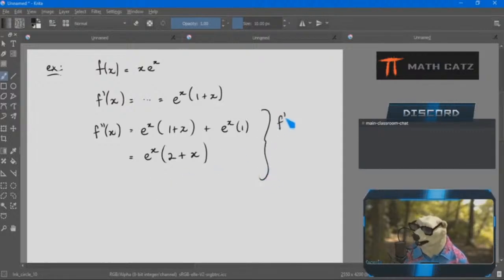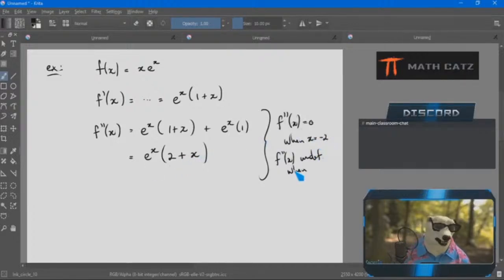Out of this, I get the second derivative equaling 0, check. Second derivative undefined, check. Second derivative equaling 0 when one of these two factors equals 0. Well, from the bracket, I definitely get negative 2. And e to the x is 0 when?